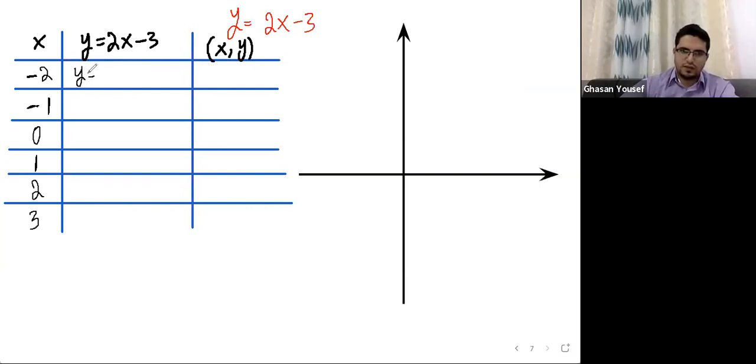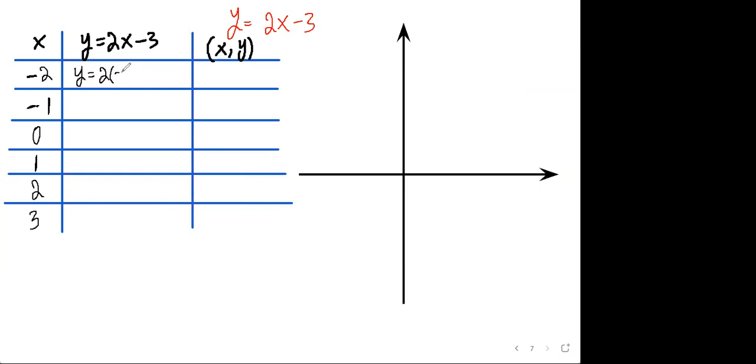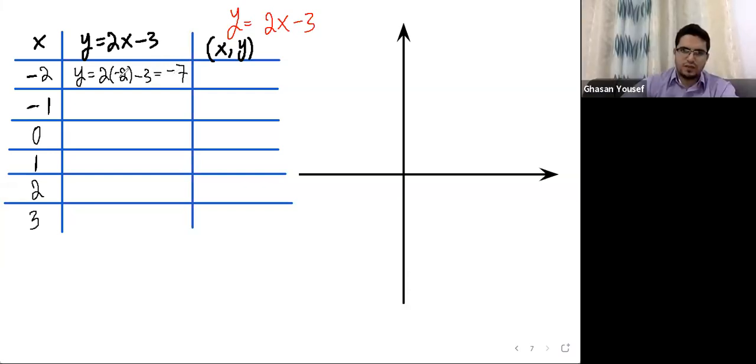Exactly. So what I get is y equals 2 times -2 minus 3. So you're going to get -7. Why? Because 2 times -2 gives me -4, and -4 minus 3 gives me -7. And the ordered pair here will be -2, comma, -7. Now for the second point, -1.